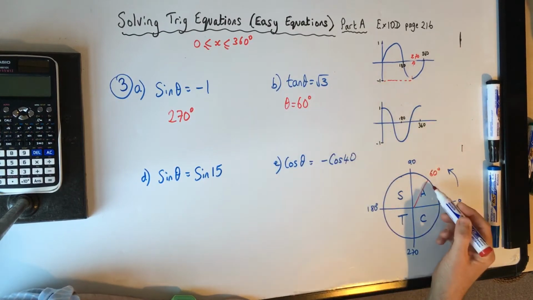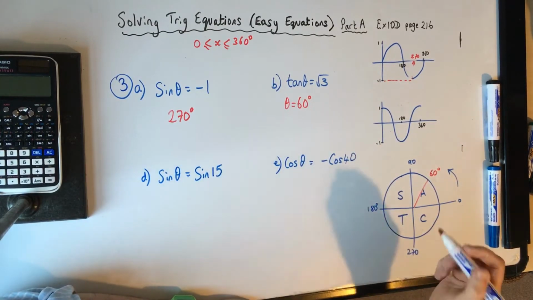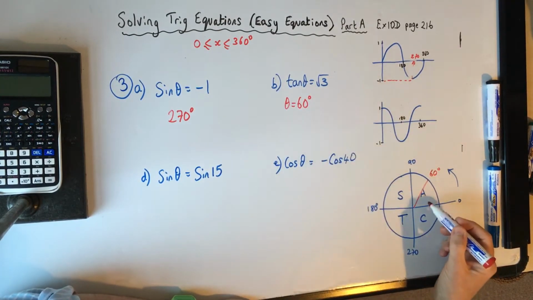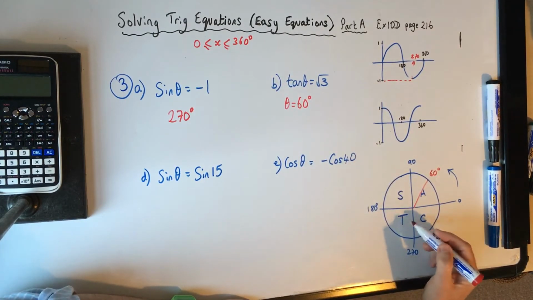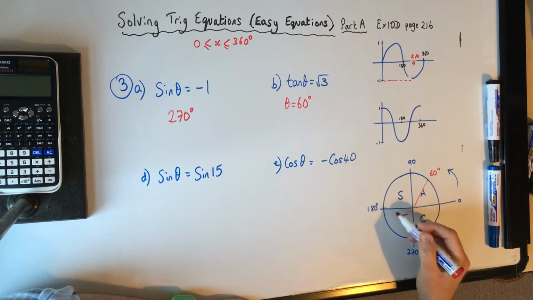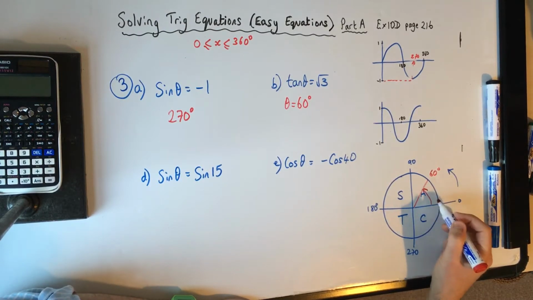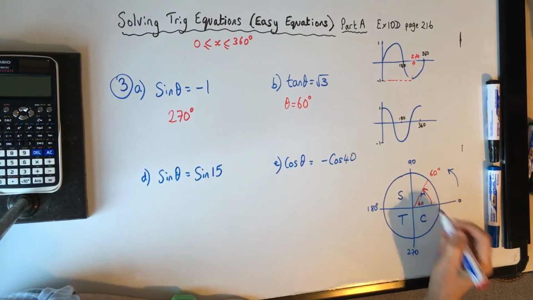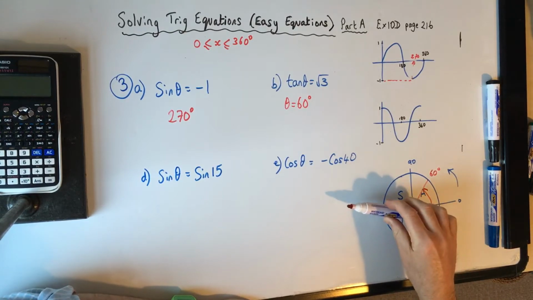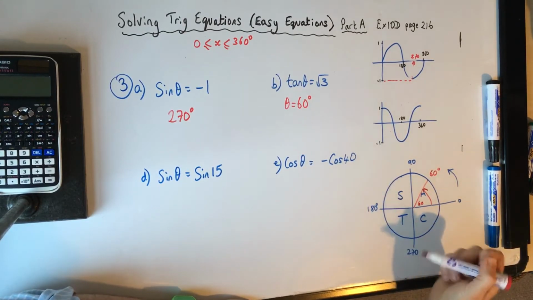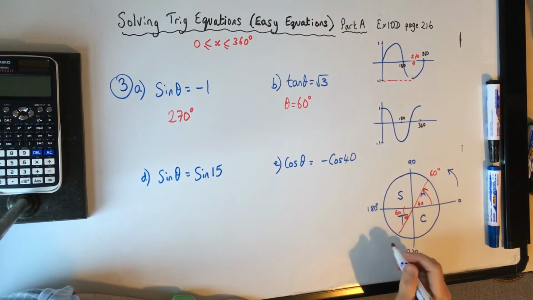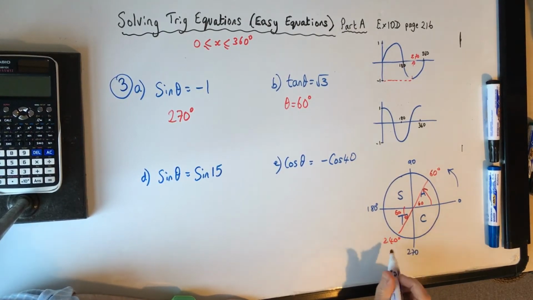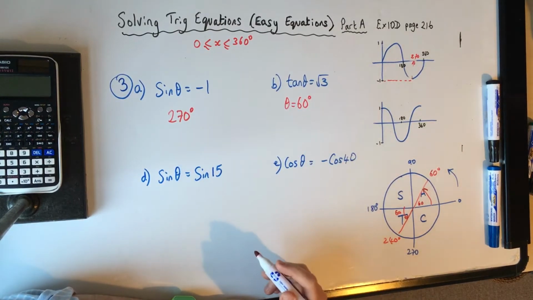But where else will it give you √3? This is a positive √3, and if we go to tan in this region here, we've turned 60 degrees into this one. If we turn 60 degrees into this region as well, 60 degrees would give us 240 degrees, and the tan of 240 degrees would also give us √3.